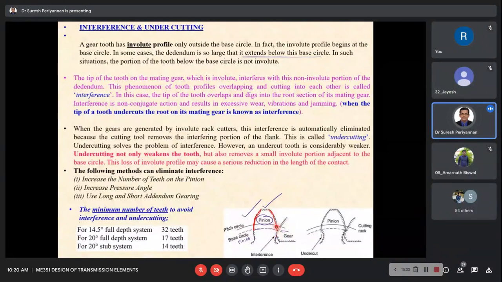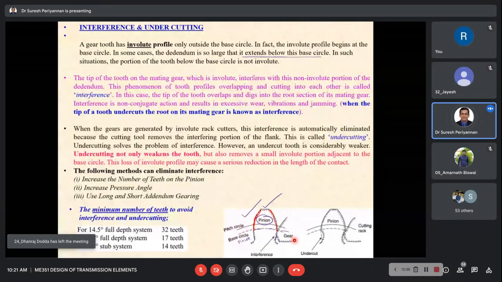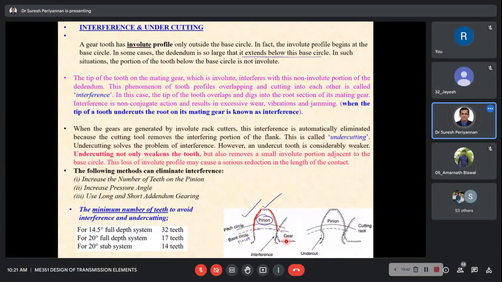That non-involute portion of the pinion teeth is going to overlap with the gear tooth when the gear tooth engages with the pinion teeth. That overlapping is also going to cause cutting.